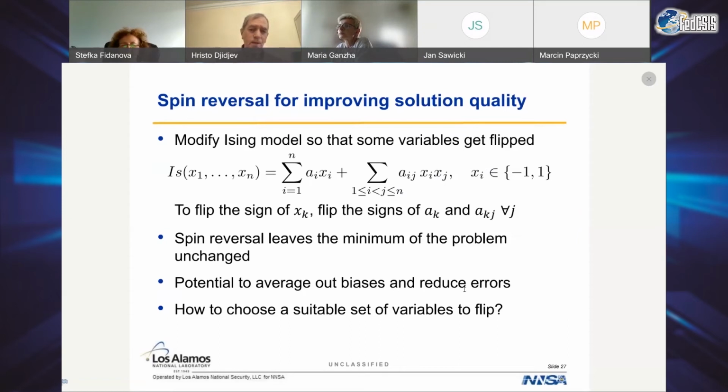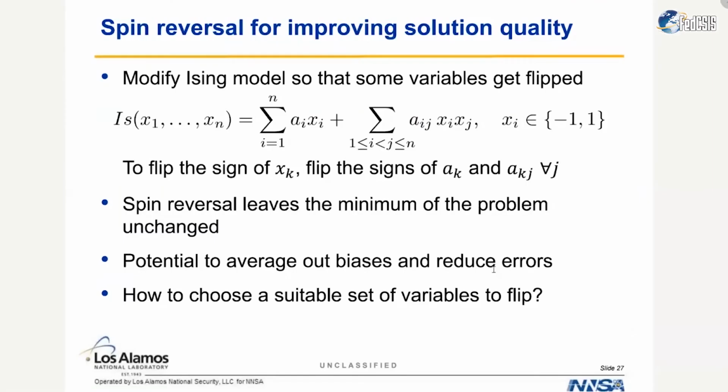I have to point out that this is about the Ising portion of the problem, where the variables can be -1 and 1. If we flip the sign of xk, then in order to get the equivalent problem, we also have to flip the sign of ak and all akj quadratic coefficients, and you get absolutely the same problem, just that in any solution, xk will have the opposite sign. So we're getting an equivalent problem.